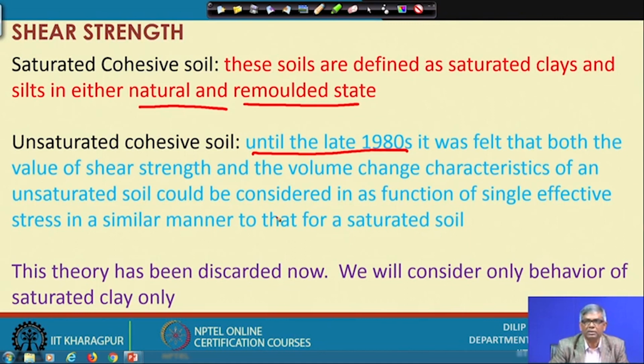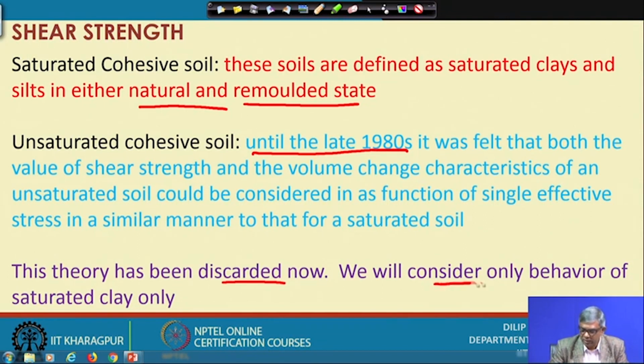But this understanding has changed and new theories have developed, so this theory has now been discarded.